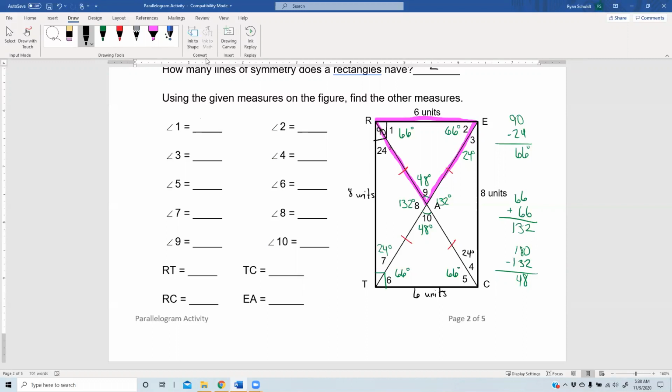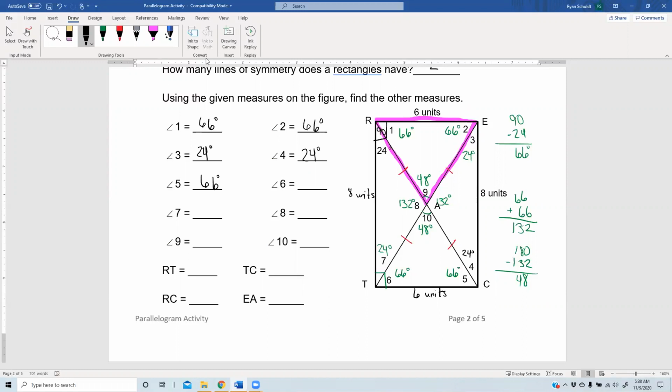So angle 1, 66 degrees. Angle 2, 66 degrees. Angle 3, 24 degrees. Angle 4, 24 degrees. Angle 5, 66 degrees.